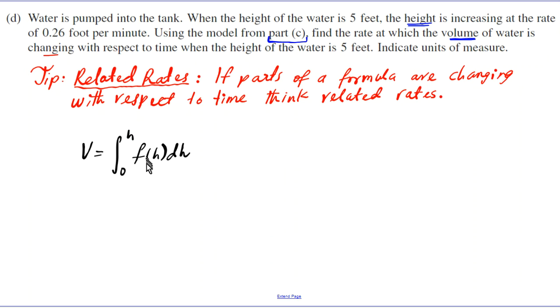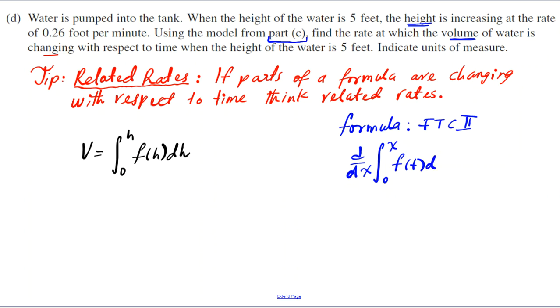We're going to be differentiating an integral here, so we are going to make use of the second fundamental theorem of calculus. Anytime you're differentiating an integral where at least one of the limits is a function, you are going to be using the second fundamental theorem of calculus.